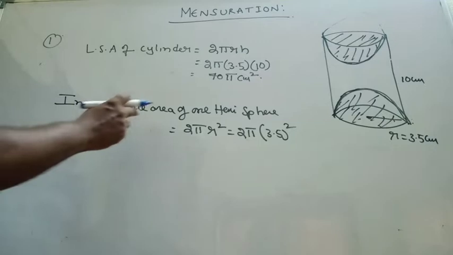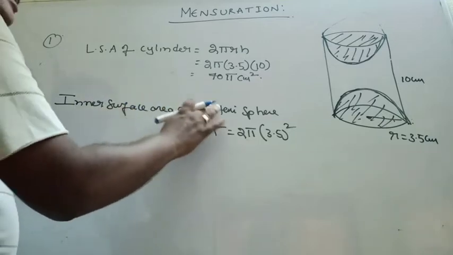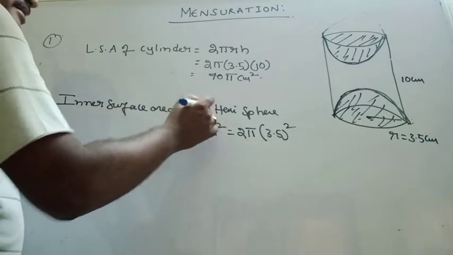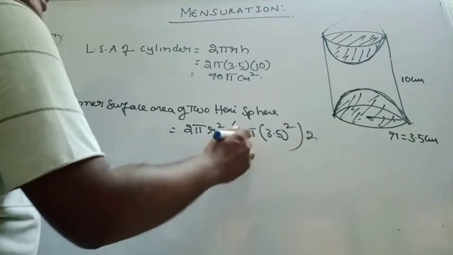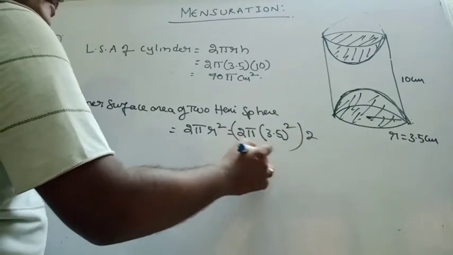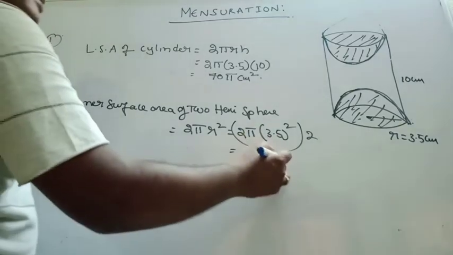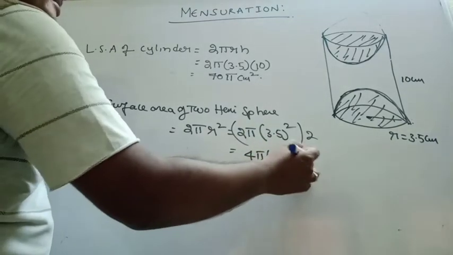For two hemispheres, we multiply this by 2. Now you have 2 into 2, which is 4 pi into 3.5 whole square. This is what you have here.